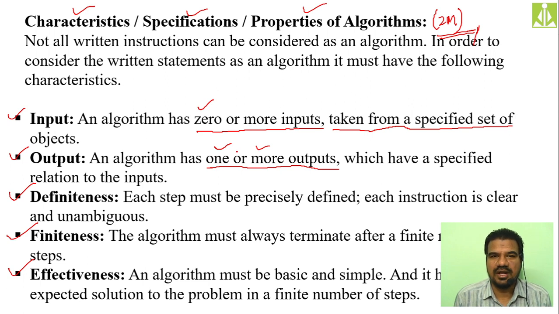That is not at all acceptable. When you write an algorithm, it must generate some sort of output, which has a specified relation to the input. Whatever output the algorithm generates, there must be a relation to the given input.